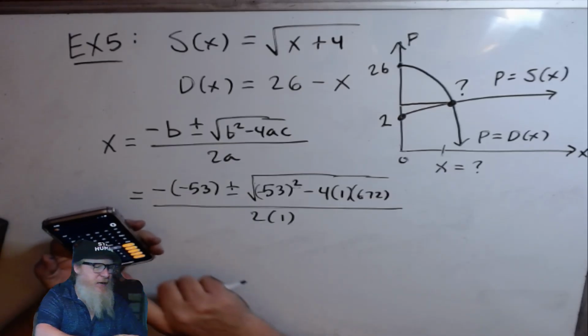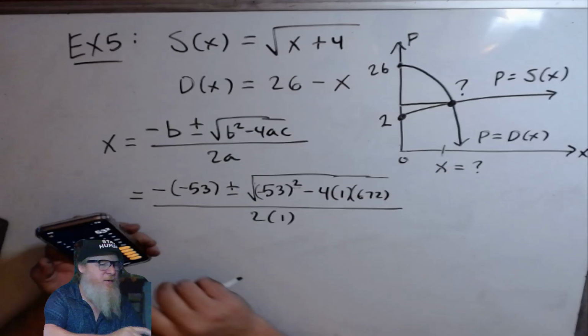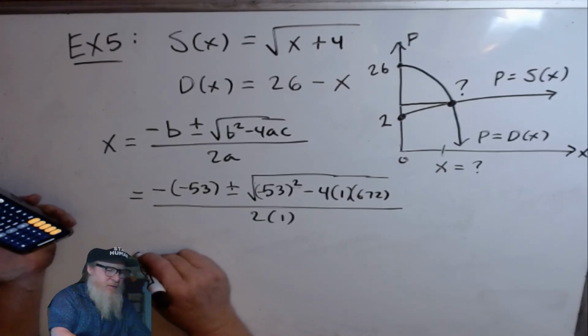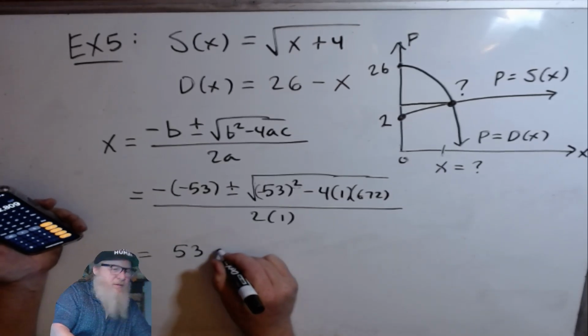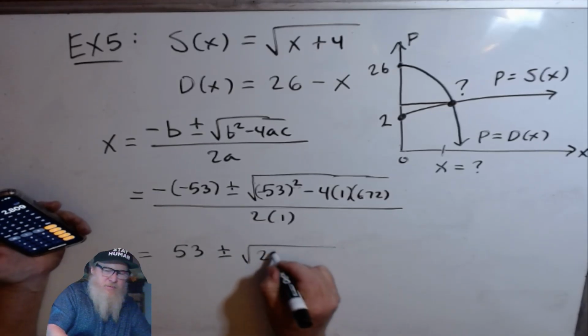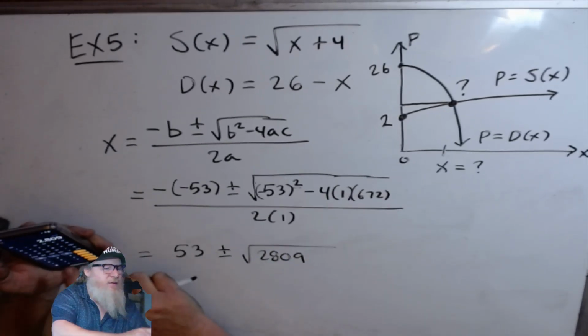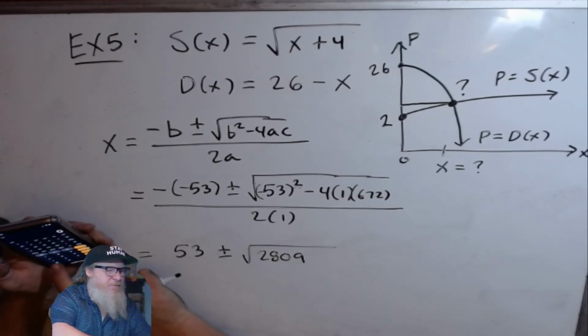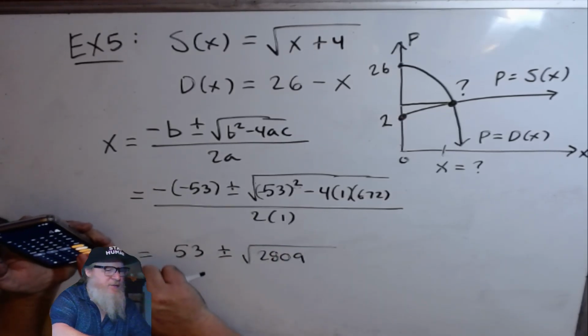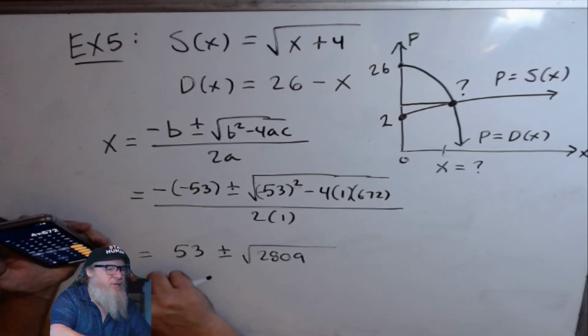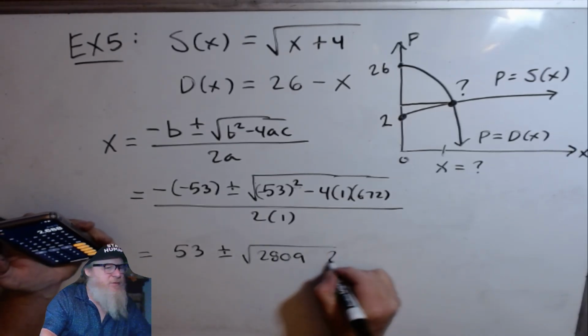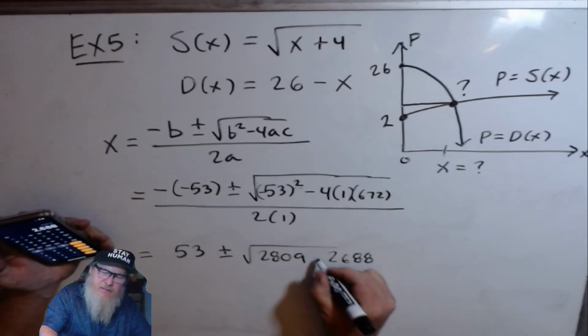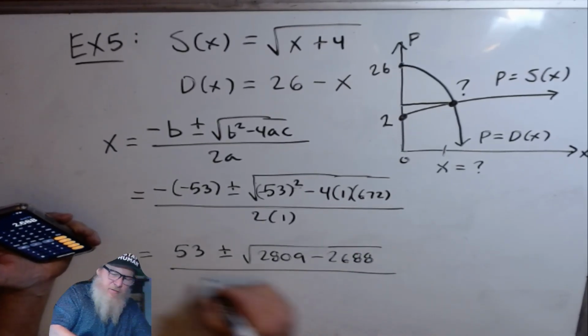All right, so we got 53 squared, $2,809. We got 4 times 1 times 672, 2,688, over 2.